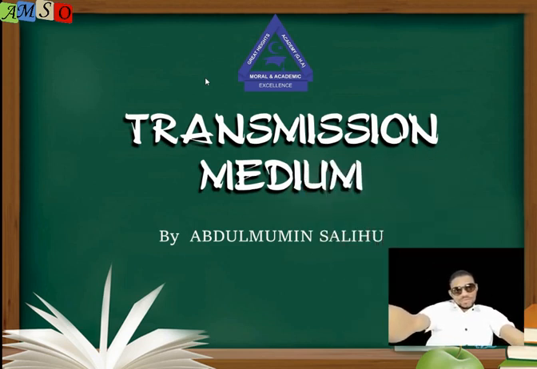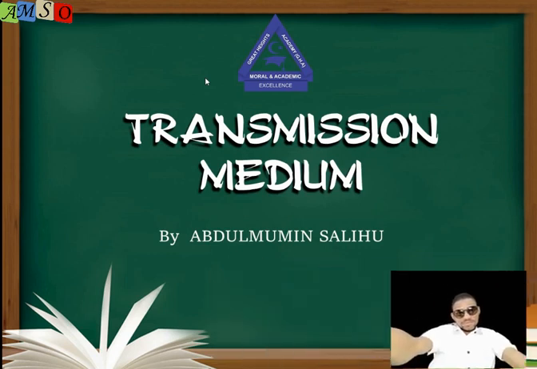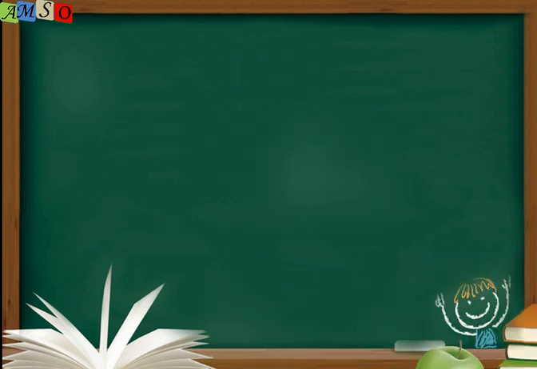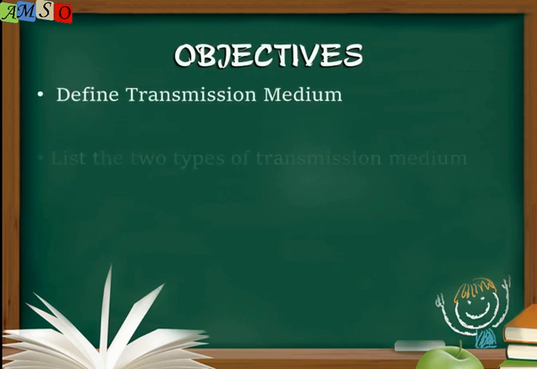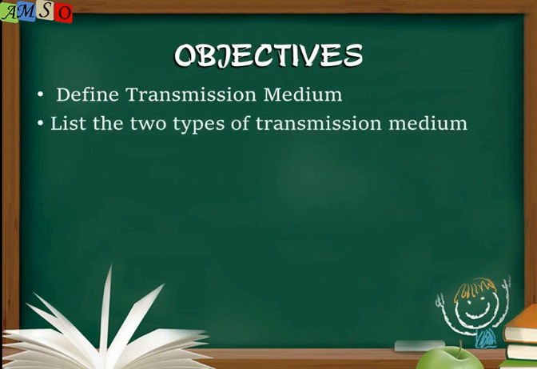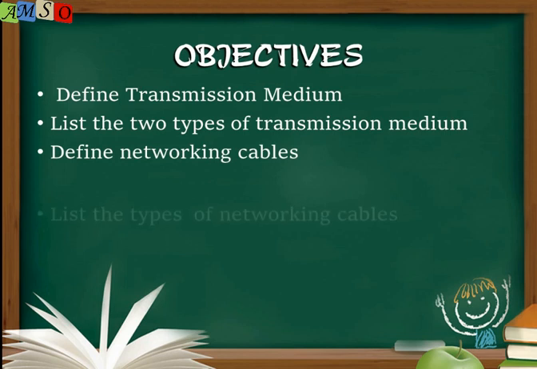So, we are now going to view the objectives for today. The objectives are: number one, we are going to define transmission medium. Number two, list the types of transmission medium. Number three, define networking cables.